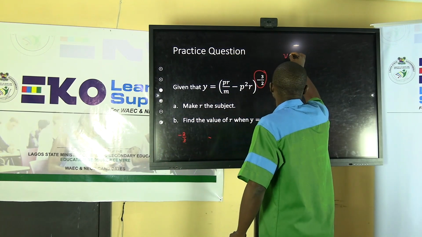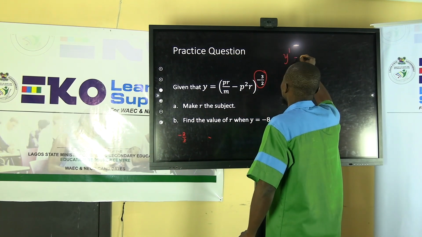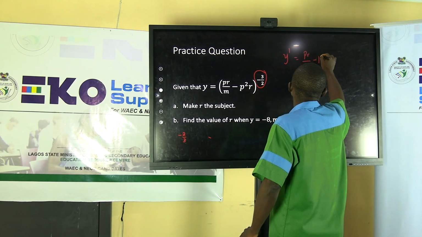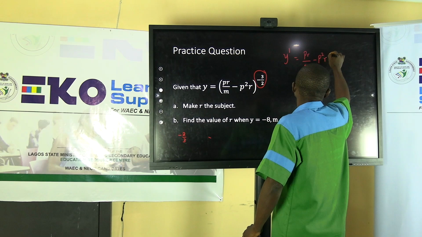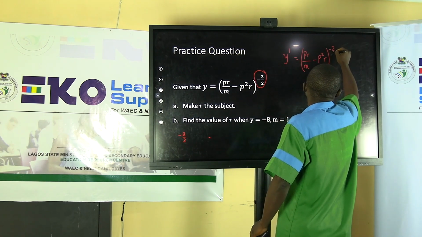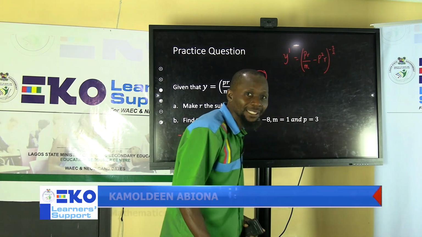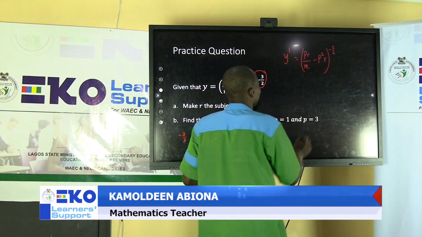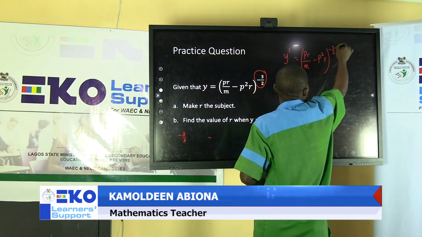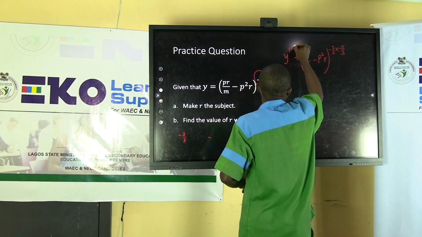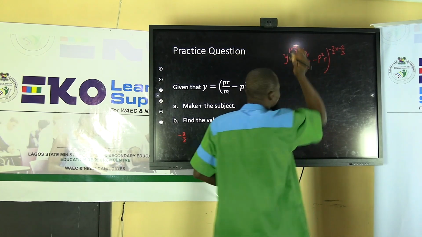Alright, so we have y raised to power 1 equals PR over m minus p squared r, all raised to power minus 3 over 2. According to what we have learned in indices, this is the inverse of this, multiplied by minus 2 over 3.